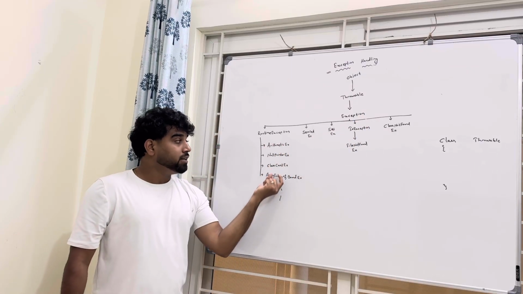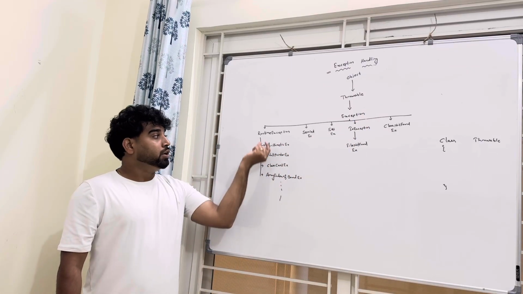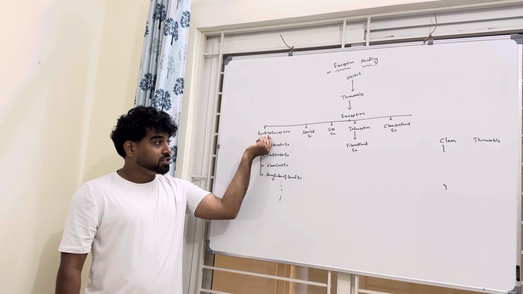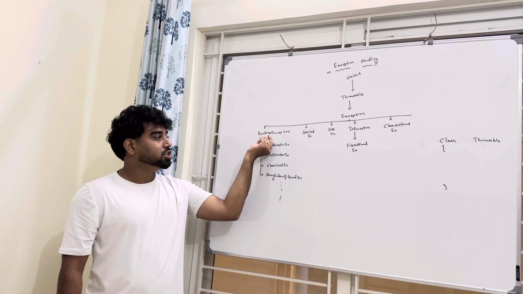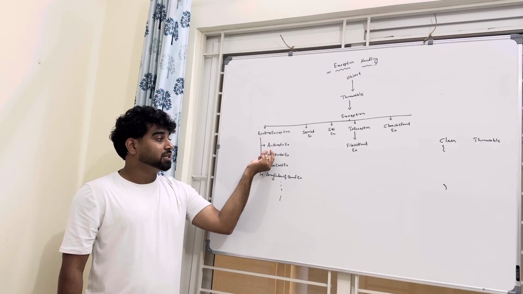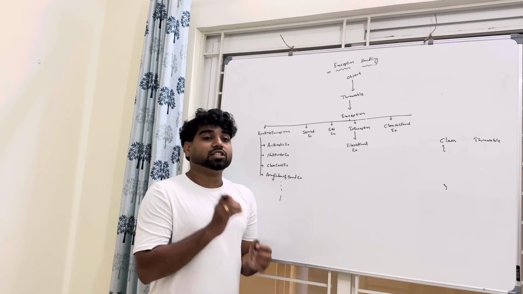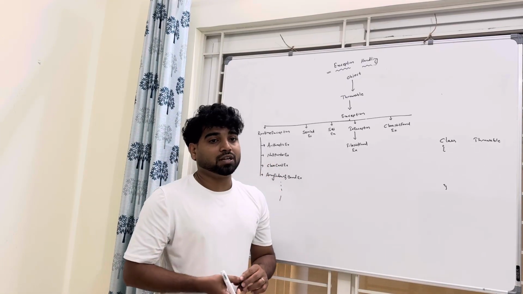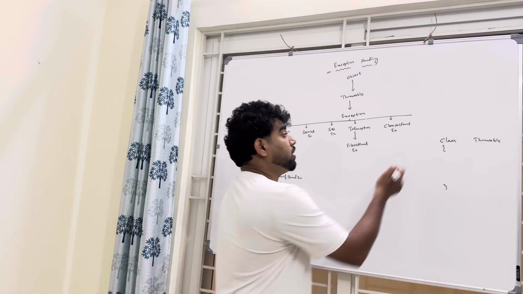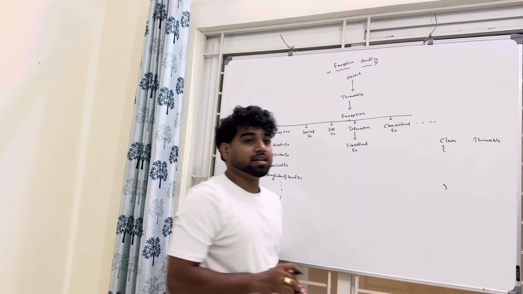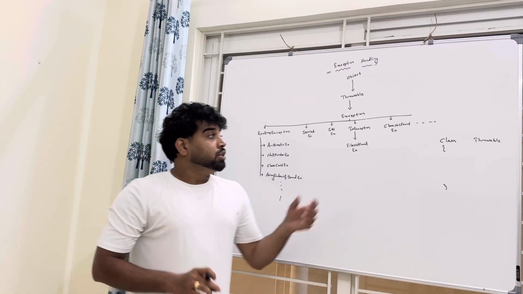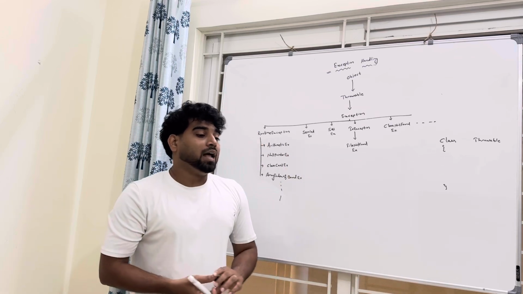Similarly, the child classes of RuntimeException are ArithmeticException, NullPointerException, ClassCastException, ArrayIndexOutOfBoundsException, and several other exception classes. So this is the exception hierarchy.